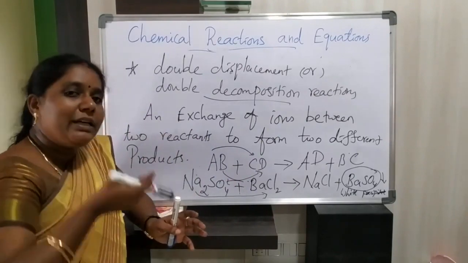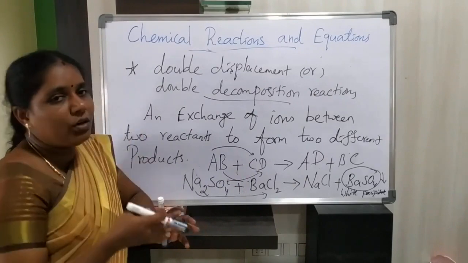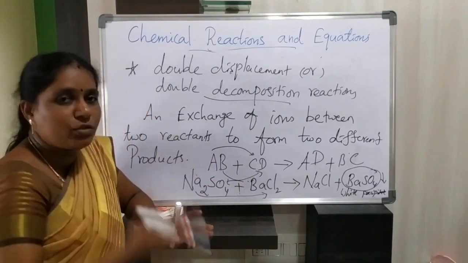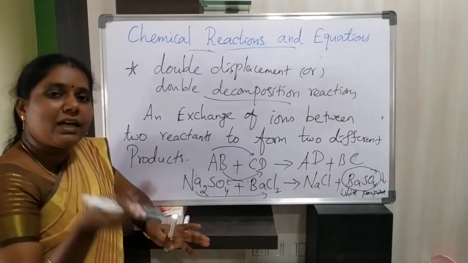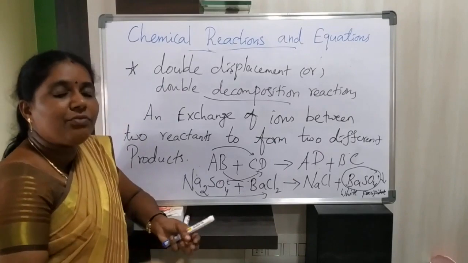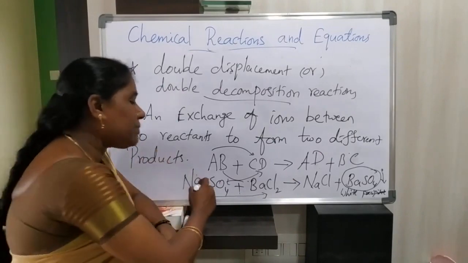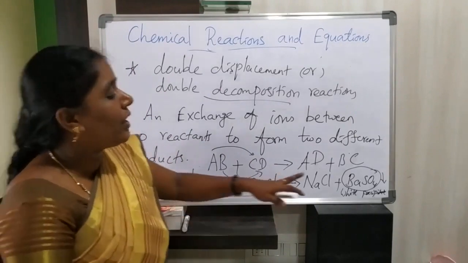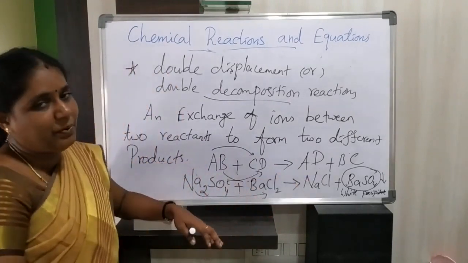We dissolve sodium sulfate salt in water to make a solution. Similarly, we prepare barium chloride solution by mixing barium chloride salt in water. When both solutions are mixed together, it forms sodium chloride as well as barium sulfate. Here we get barium sulfate as a white precipitate.